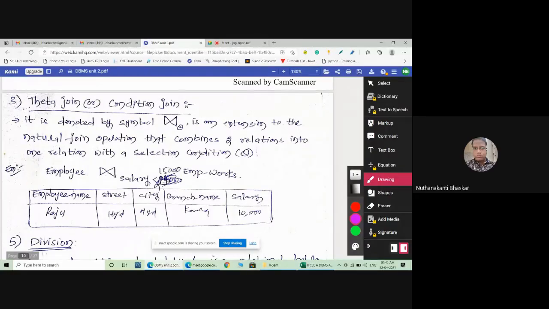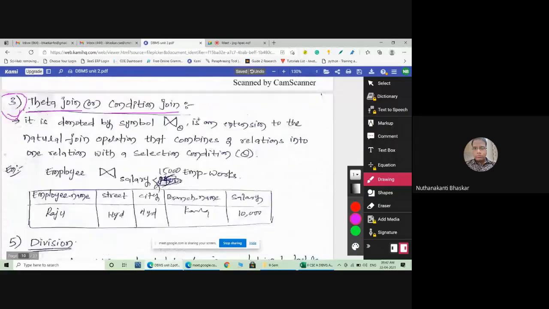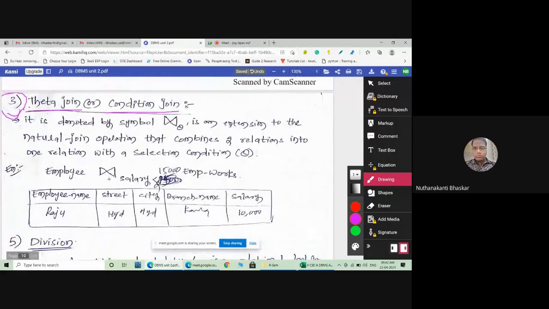Now we are going to discuss theta join, or condition join. It means we extract the data based on a condition. This is a very important join operation because we want to extract data conditionally. For example, I wanted to know the employee city of those who have a salary above 15,000.